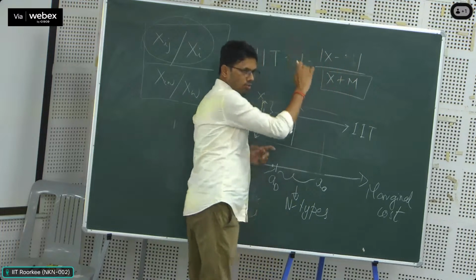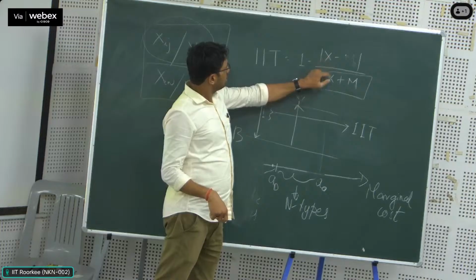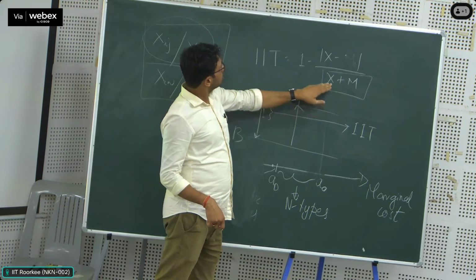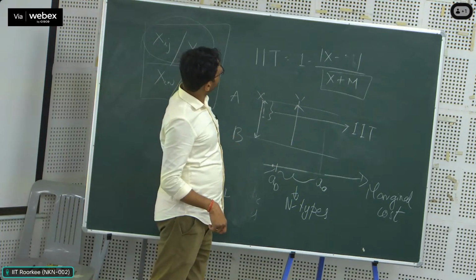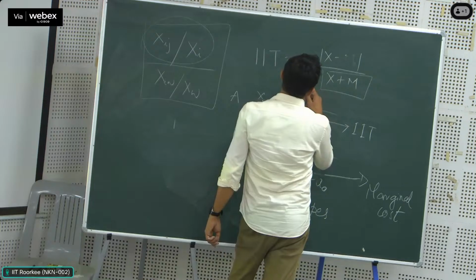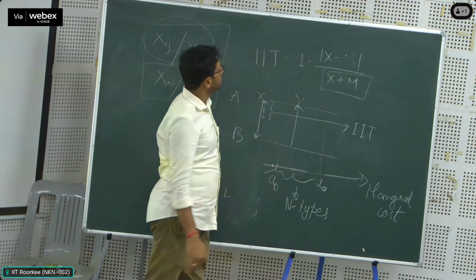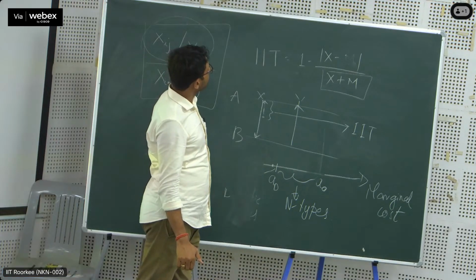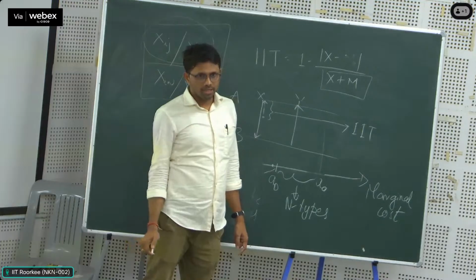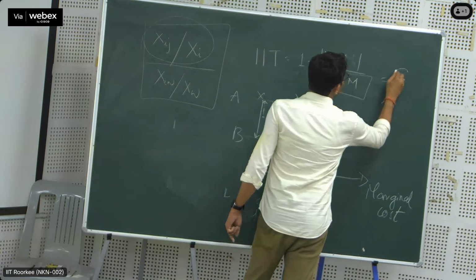Import is suppose 0. That means export minus import minus X, so X cancels. It is M by M equal to 1. This is the extreme value.